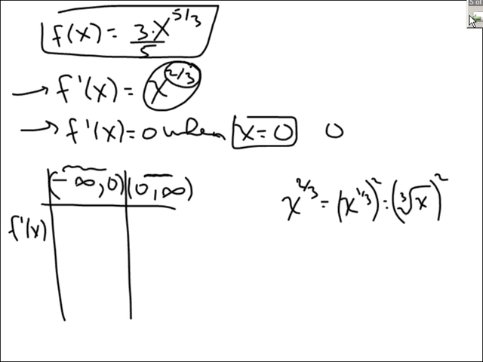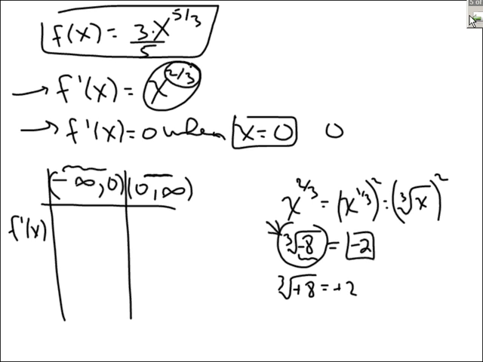Now, the cube root of a number, for example, the cube root of negative 8, is asking a question: what times itself 3 times gives you negative 8? And that answer is negative 2. Cube root of positive 8 will be plus 2.